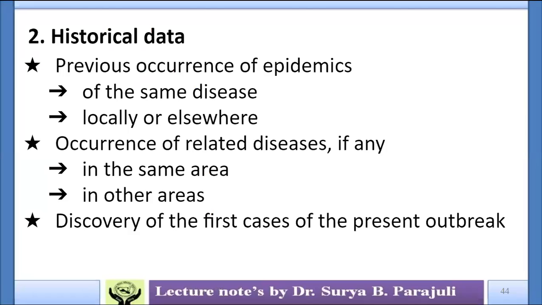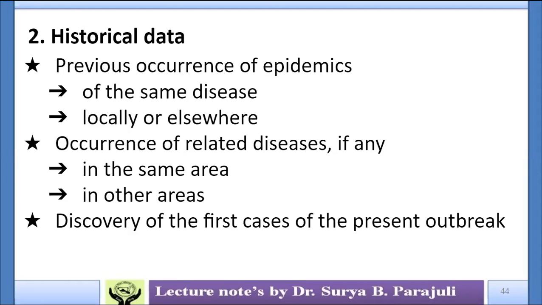Then historical background, like previous occurrence of an epidemic, like a hepatitis C outbreak in the year before 2071 at Viratnagar, of the same disease, locally or elsewhere. Occurrence of any related disease in the same year or other years. Since the last few years, we have had constant dengue outbreaks.